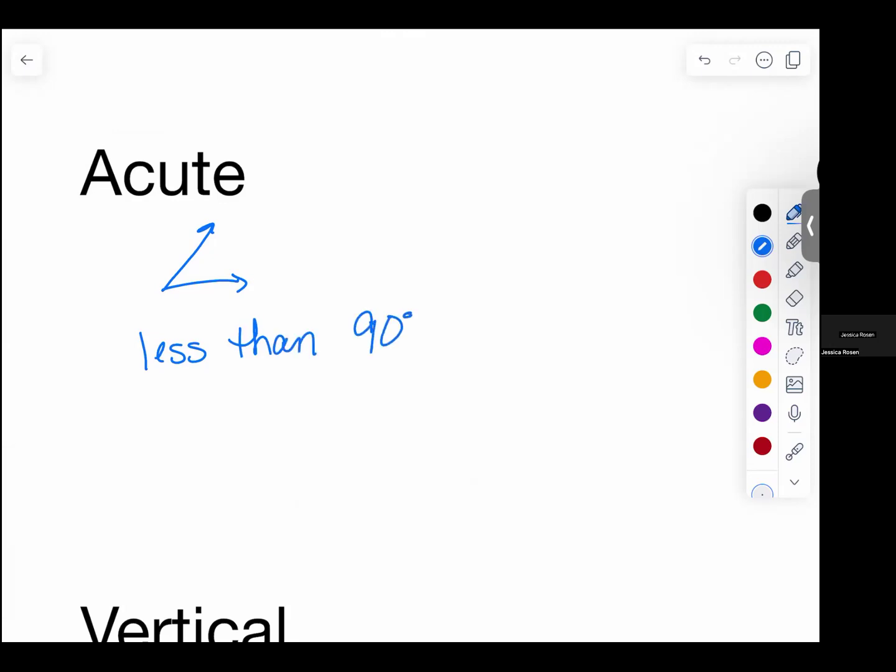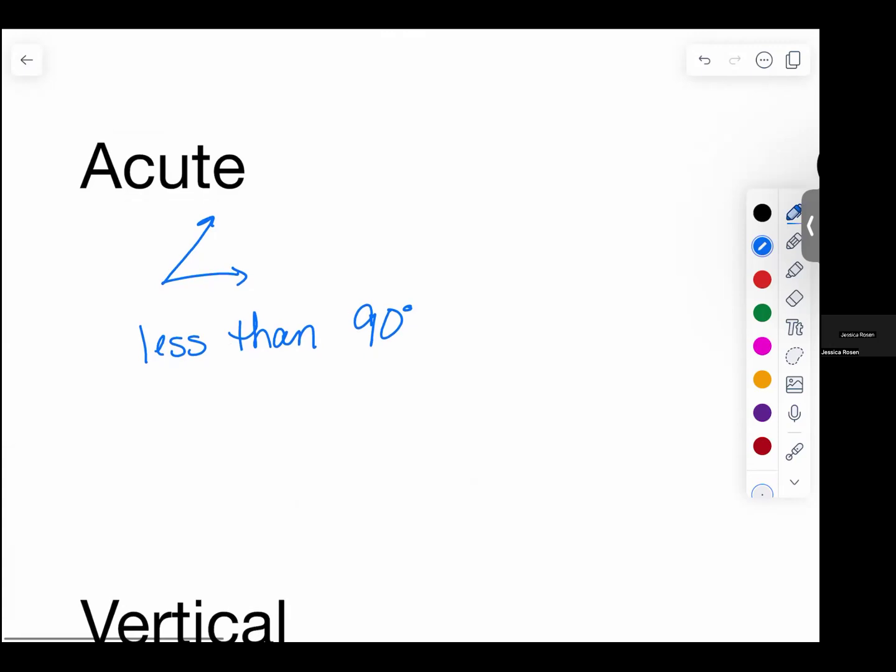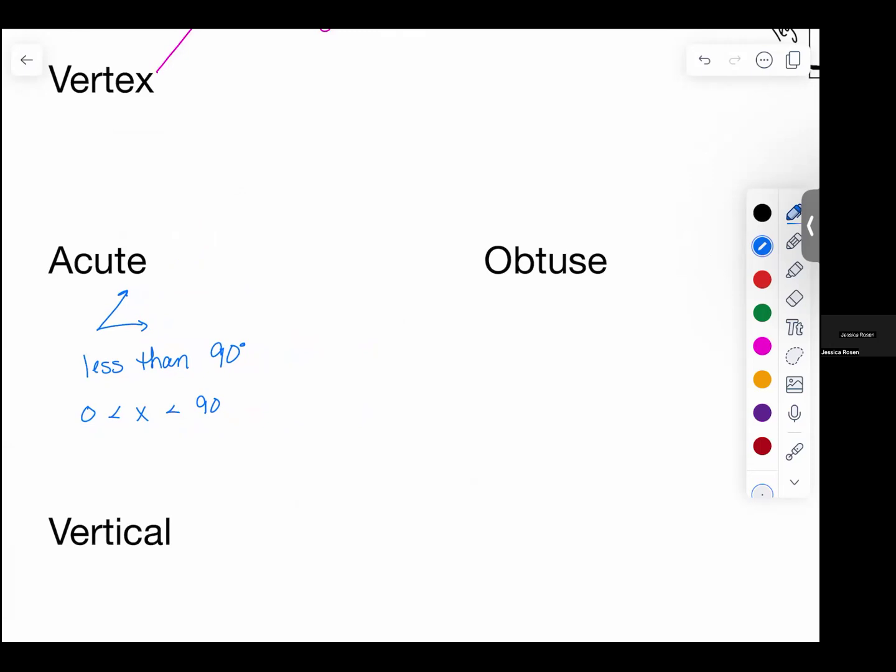If we had to get a protractor and measure it, which I think we're going to do through one of these lessons anyway. But you might also see that it's any number between, so that's why I'm putting the x between the inequalities, 0 and 90. So that means it could be 1, 2, 3, 4, 5, all the way up to 89, right? So an acute angle is less than 90.